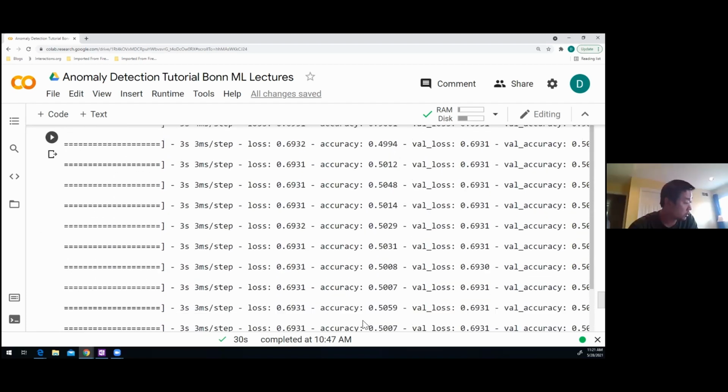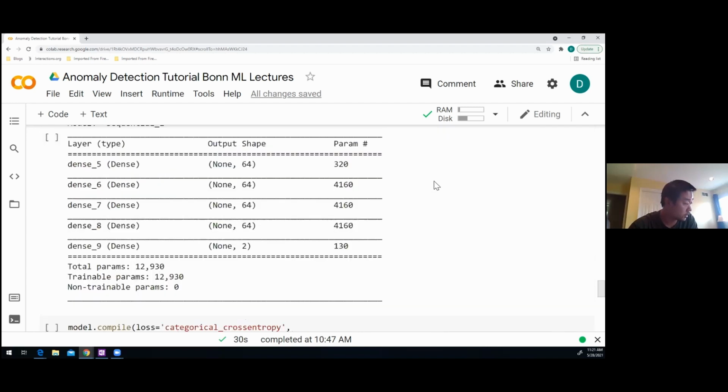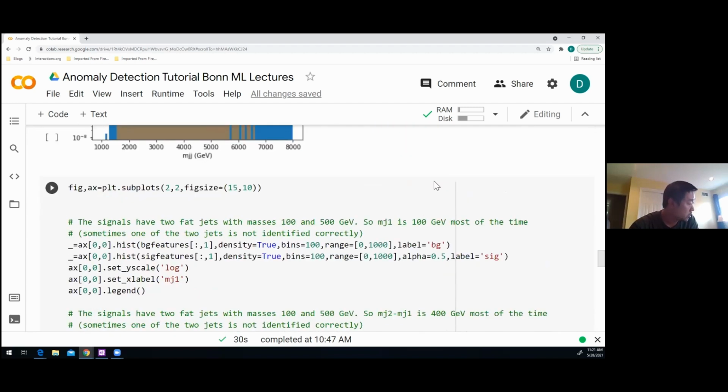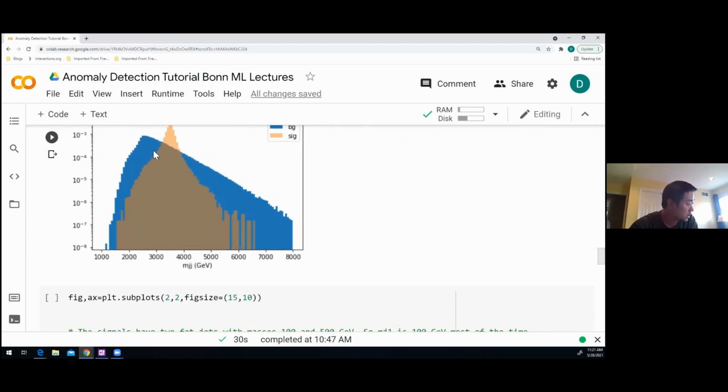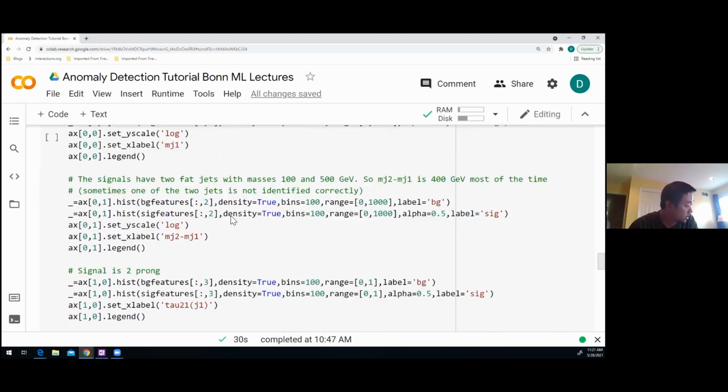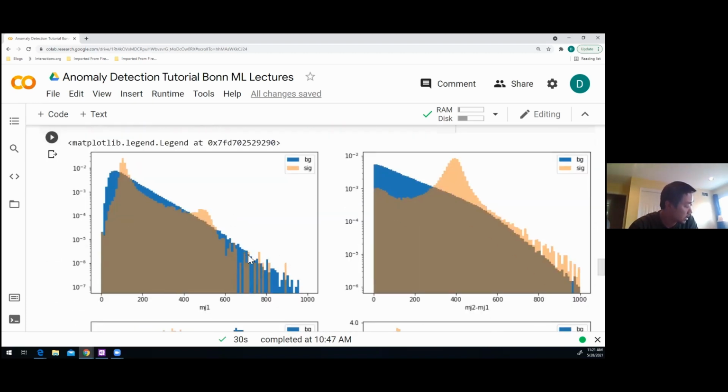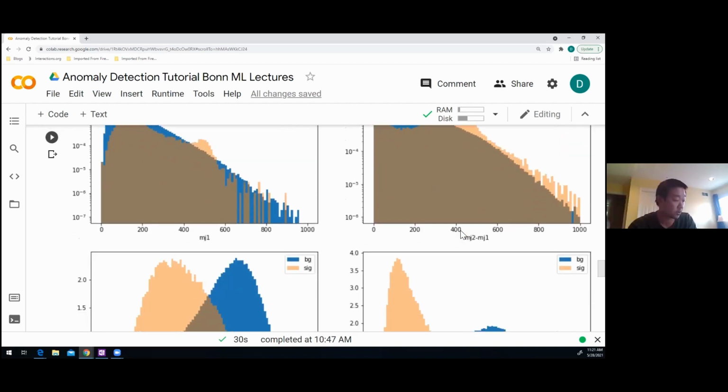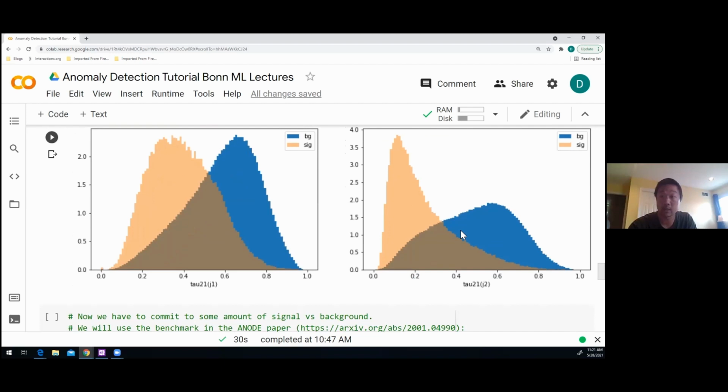Ah, good. So yes. We would have to repeat this for each window in MJJ, just like you do for the vanilla bump hunt, the standard bump hunt. However, it's important that we're not scanning over any kind of boxes in these 4 additional features that the koala was trained on.